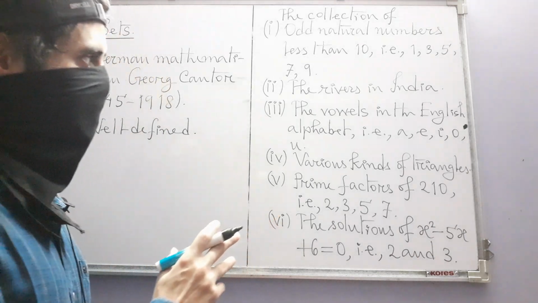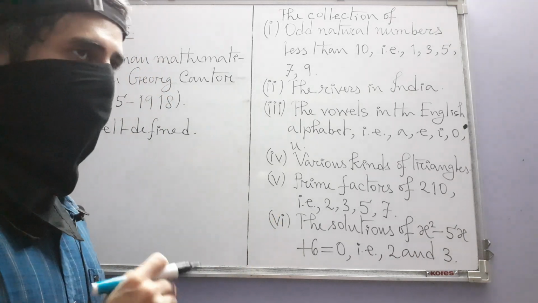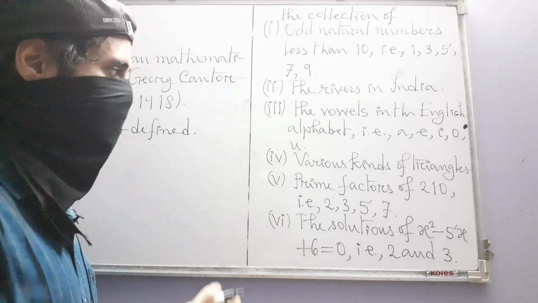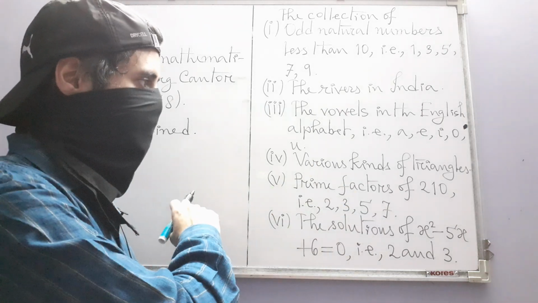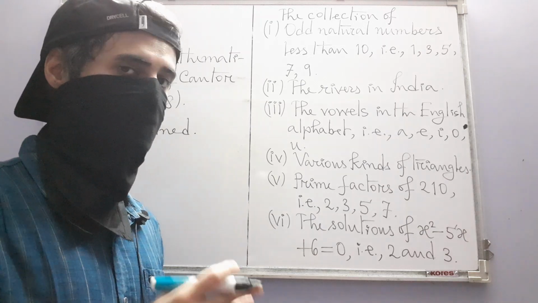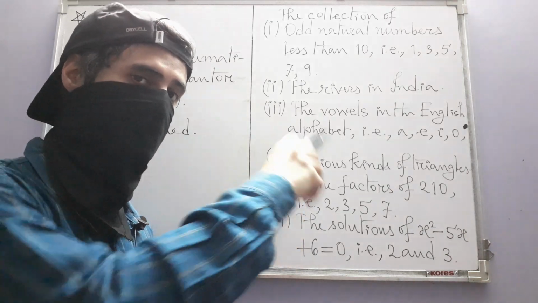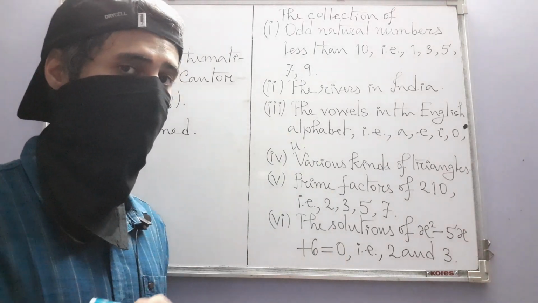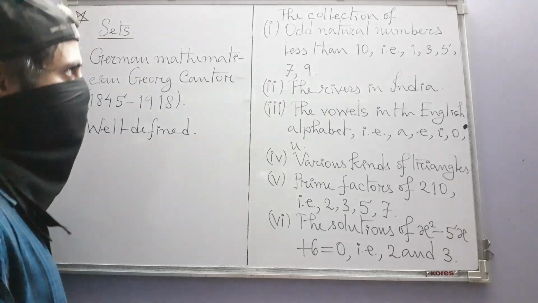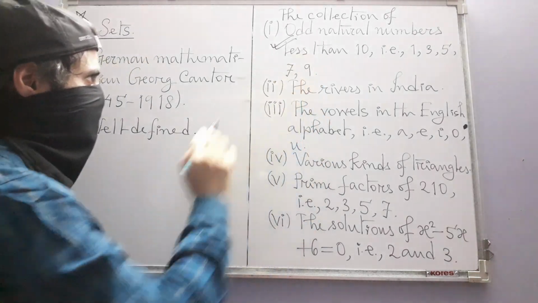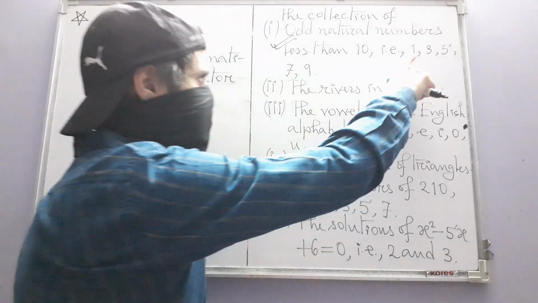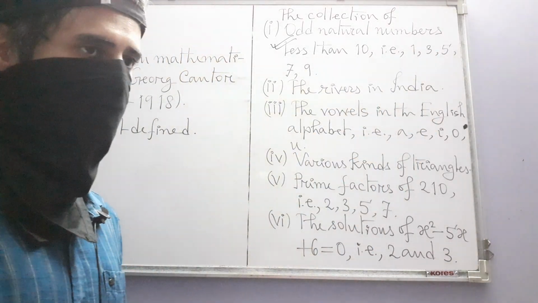A collection of some objects is called well defined if, given any object whatsoever, there is no confusion in deciding whether the object is an object in the collection or not. For example, it is clear what the objects in the first collection are. They are precisely these numbers.